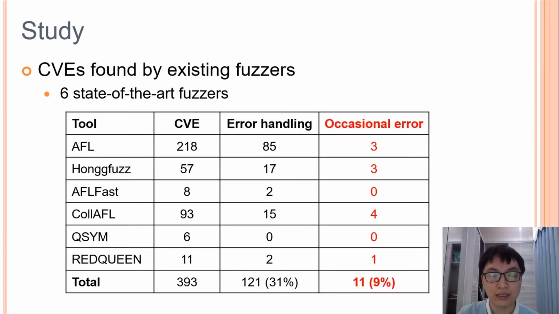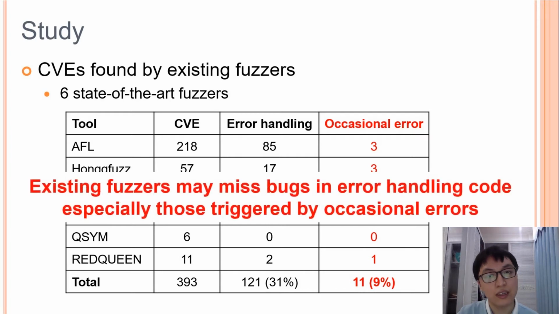Then, we study 6 state-of-the-art fuzzers and find that only 9% of the CVE submitted by them are related to occasional errors, which is far lower than 42% mentioned in the first study. This result indicates that the existing fuzzer may miss many bugs in error handling code, especially those related to occasional errors.